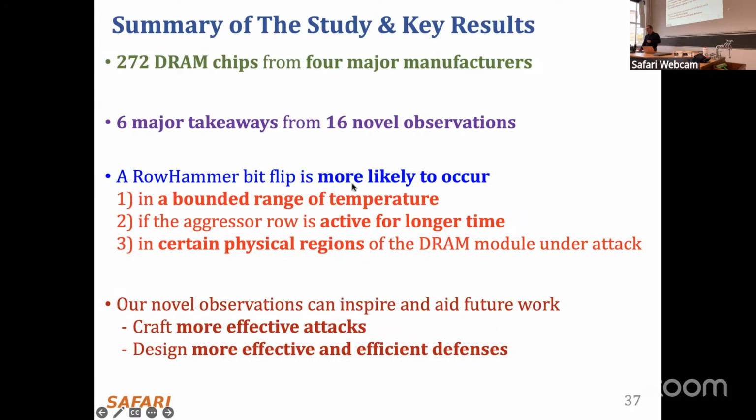Basically, it turns out that RowHammer bit flip is more likely to occur in a bounded range of temperature. And that range depends on the cell. That's the interesting part. So for some cells, a temperature range of 50 to 60, let's say, degrees Celsius leads to the higher likelihood of bit flip. For some cells, that range is 20 to 30 degrees Celsius. For some cells, that's 80 to 90. And that's the highest likelihood for a given cell.